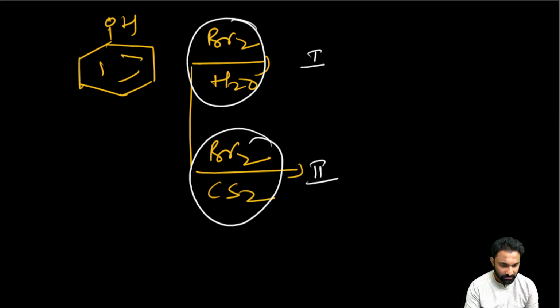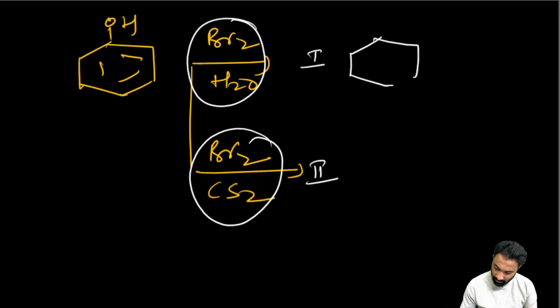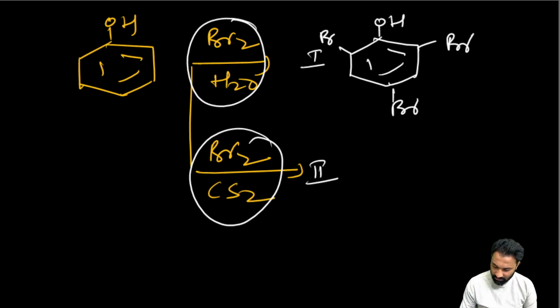What are the products we will get in the 1? Tribromophenol. Yes, the first one is tribromophenol. This bromine water is used to test for unsaturation.